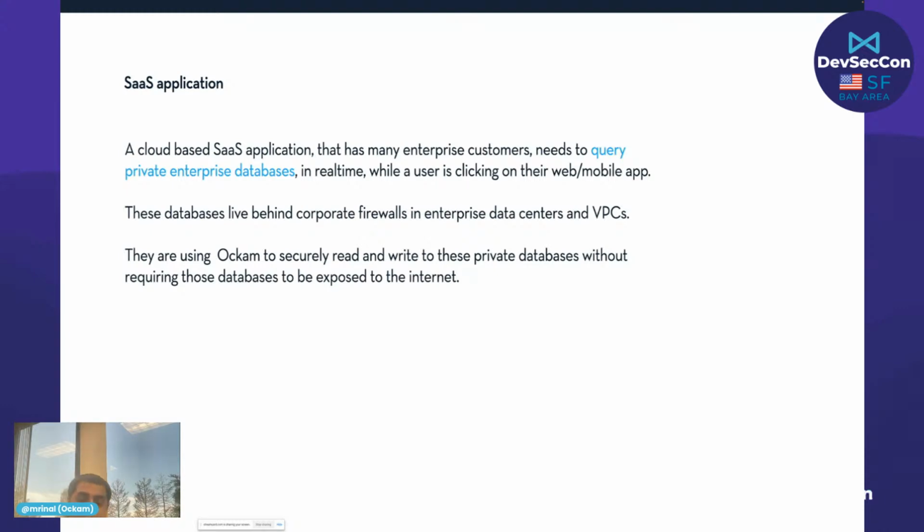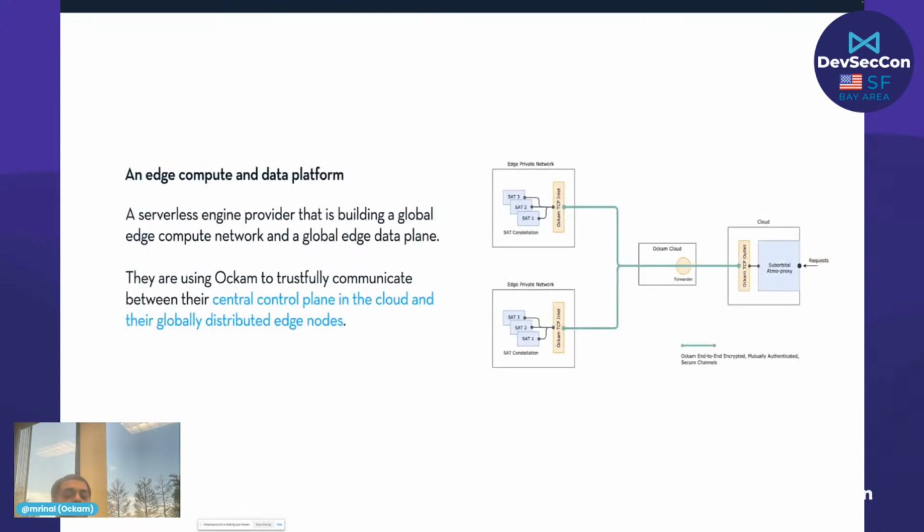All right, so that's one example. Another example is someone building an edge compute and data platform. They're a serverless engine building a global edge compute and global data plane, and they have a control plane engine running in the cloud, and hundreds of edge planes spread across multiple data centers around the world, and they need secure communication across this mesh.